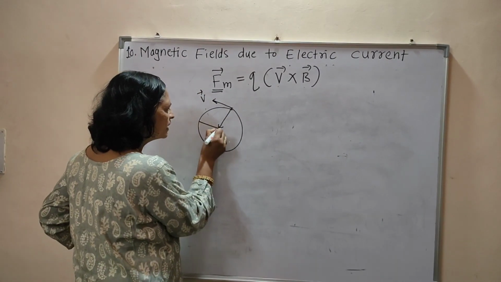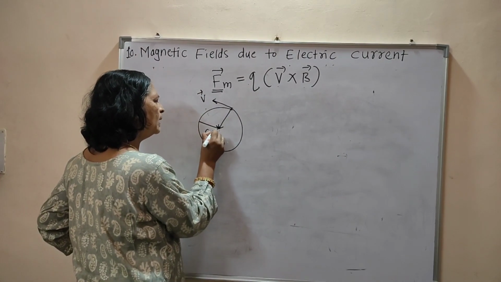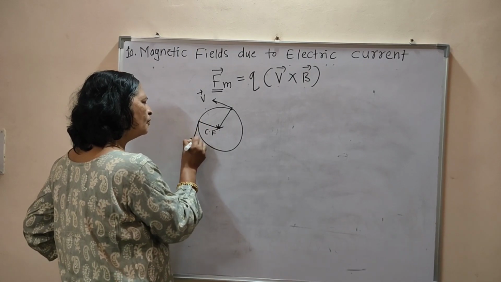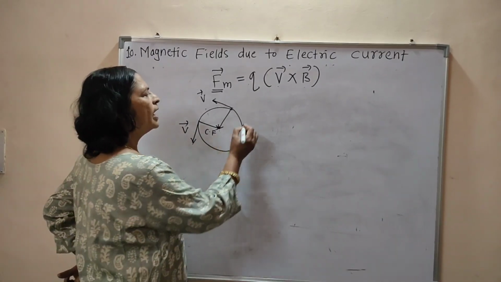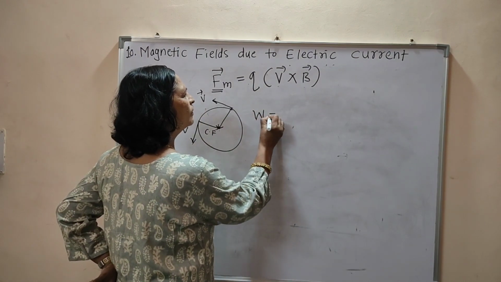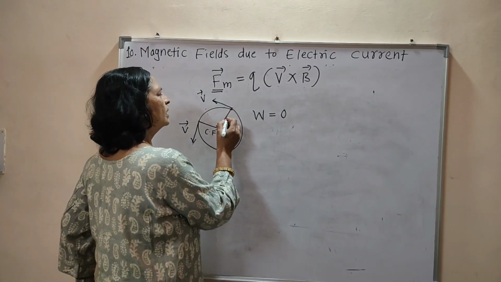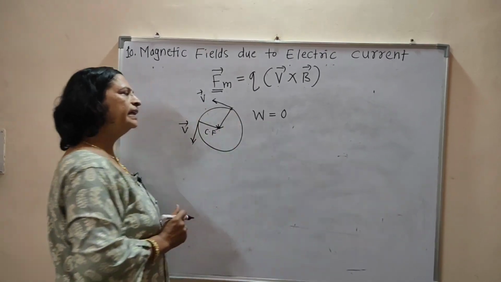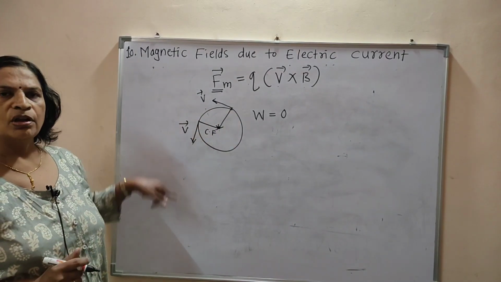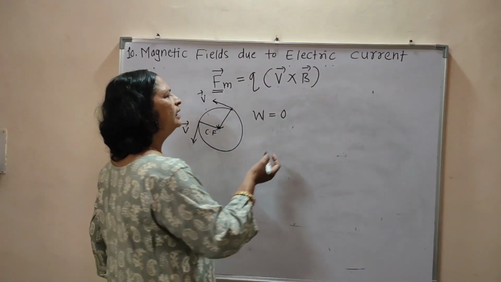In every case, this is the direction of centripetal force and this is the direction of velocity. Then work done is equal to 0, because the angle between them is 90 degrees in circular motion.